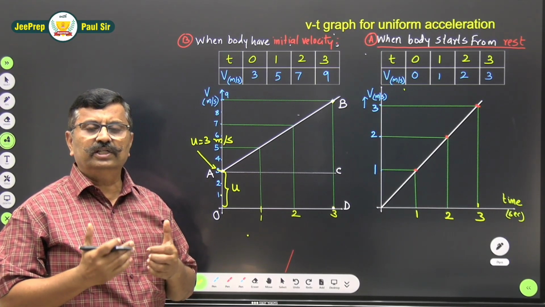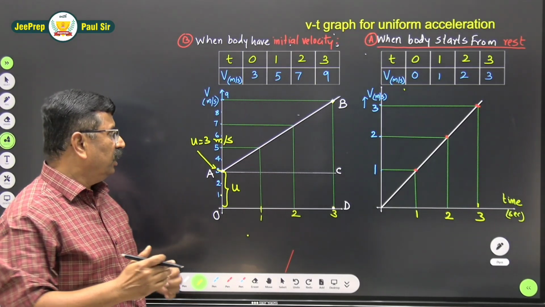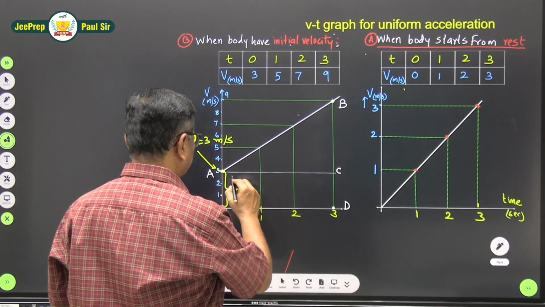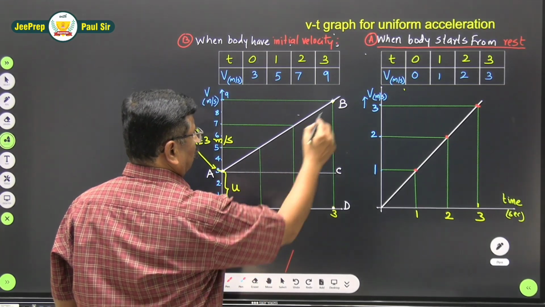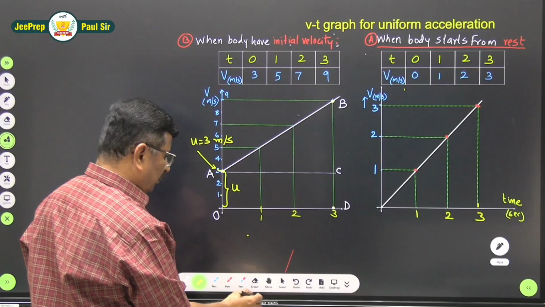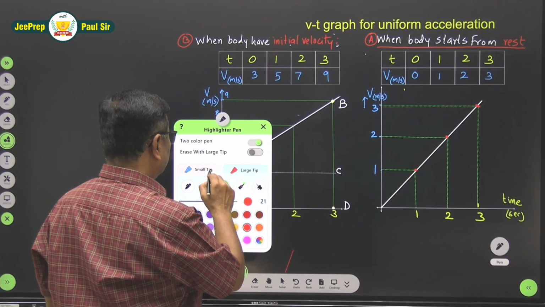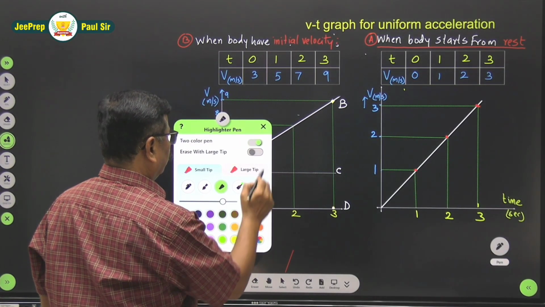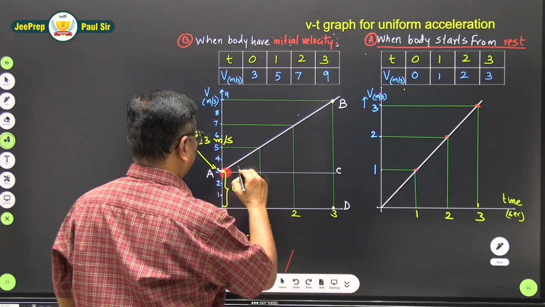Then how to find the distance covered by the body? We have to consider this trapezium OABD. Then the area of this trapezium will give you the distance covered by the body in the given time.